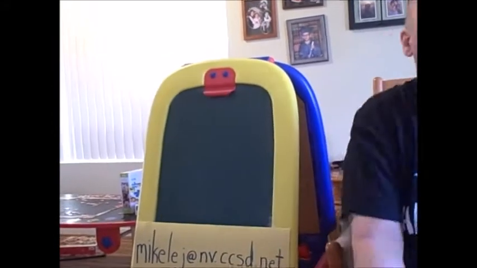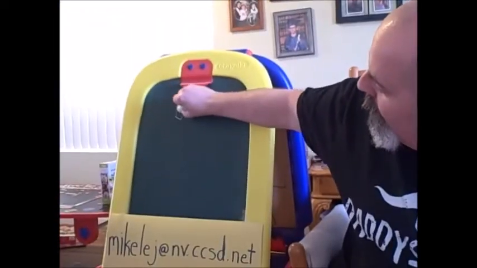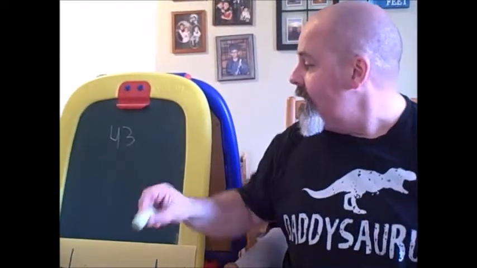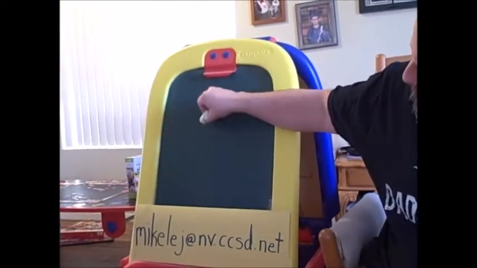All right, so today's number talk, what we're going to talk about today is kind of the same thing that we did yesterday, but we're going to add a little more to it. So, I'm going to start with one of my favorite numbers, 43. And I'm going to add 10 to it like we did before.